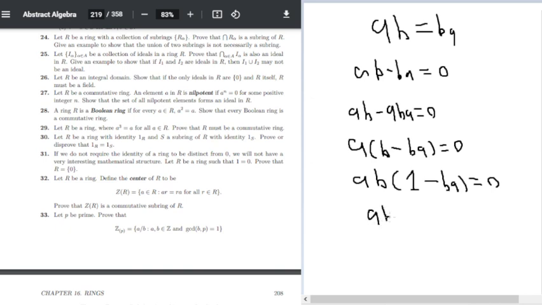This is AB. Yeah, minus. Oh my gosh. A ring R is a Boolean ring for every A apply.